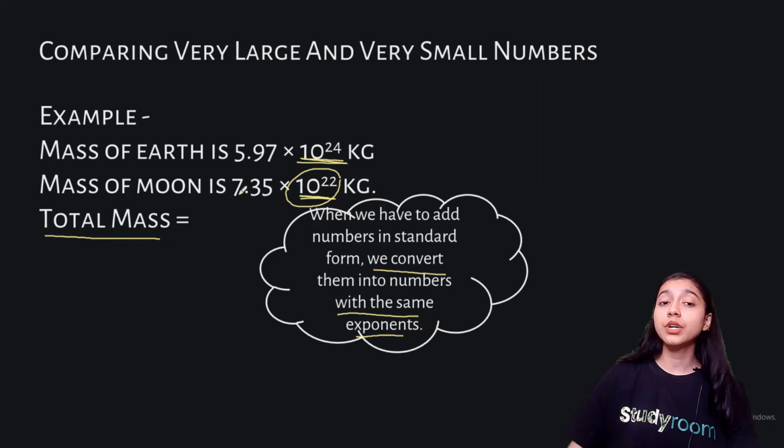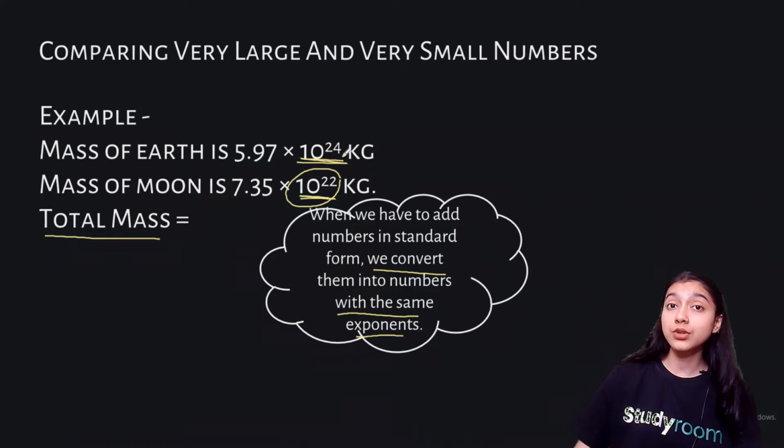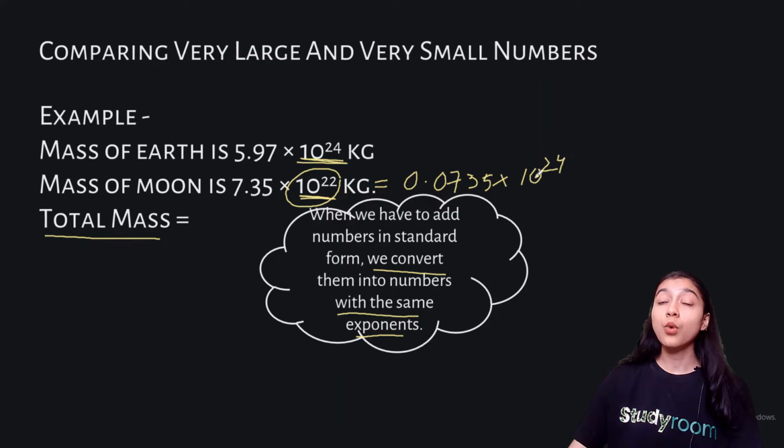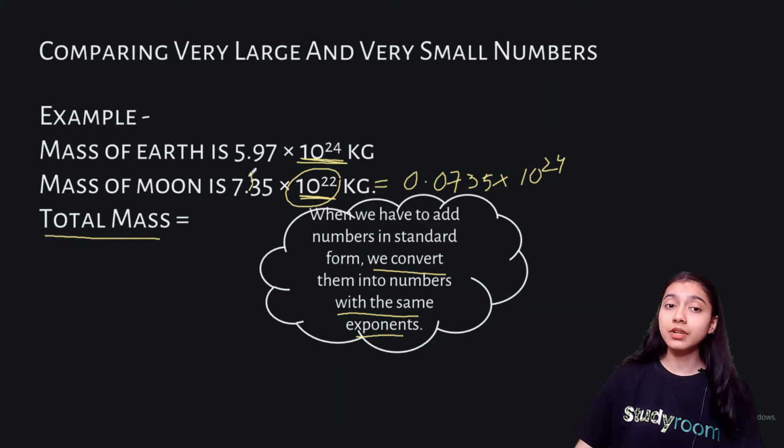So let us convert this 7.35 times 10 to the power 22 into the form with 10 to the power of 24. This can be written as 0.0735 multiplied with 10 to the power of 24. What I did is, I took this decimal and shifted it 2 places towards the left.